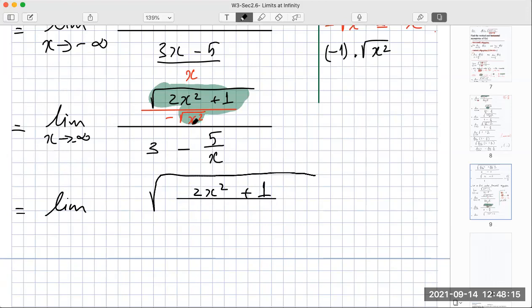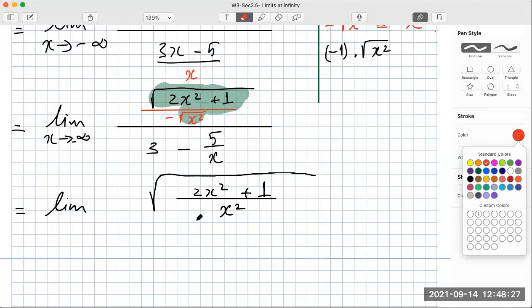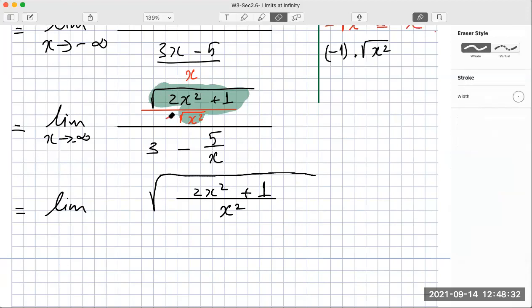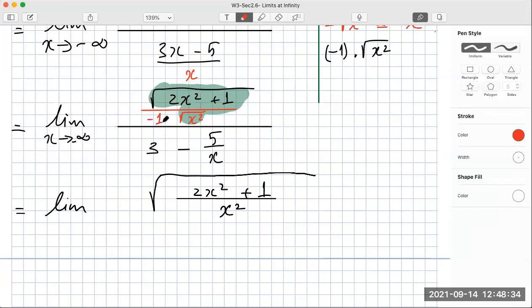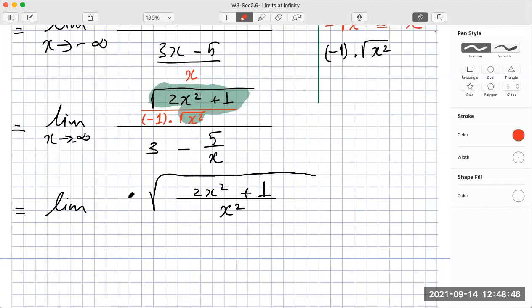We just take the x squared into the square root sign, and the negative sign, let us leave it outside. Is that okay? If you want, you can write it as -1 times this. Then it should be 1 divided by -1, right? Or -1 here.